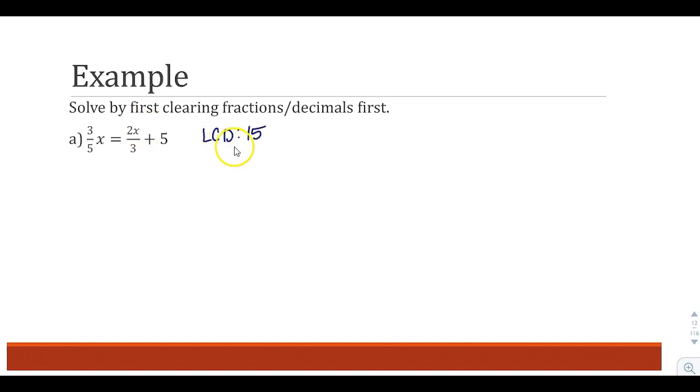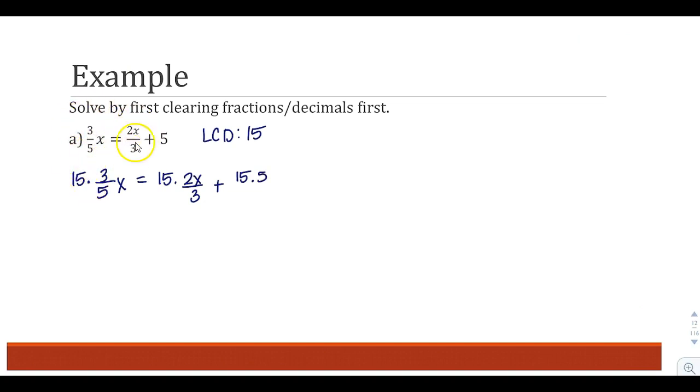So what we do is we multiply each term by the LCD 15. So we have 15 times 3 over 5x is equal to 15 times 2x over 3 plus 15 times 5.